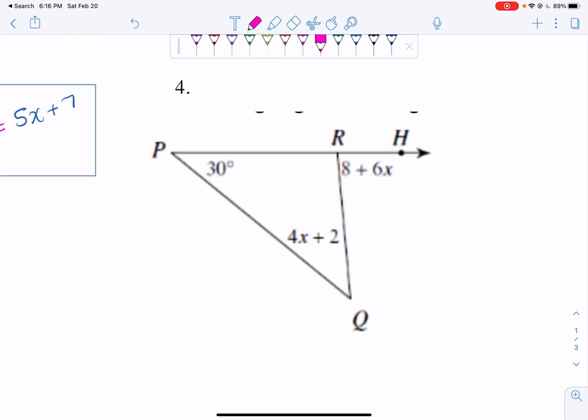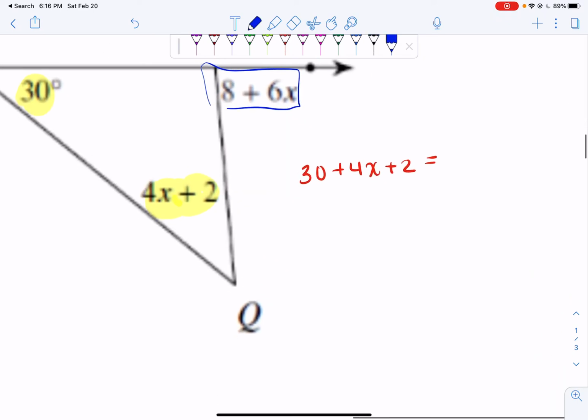In this example, I need to know what my two interior angles are. My two interior angles are 30 and 4x plus 2. So my equation could be 30 plus 4x plus 2 equals my exterior angle of 8 plus 6x. And that's your final answer.